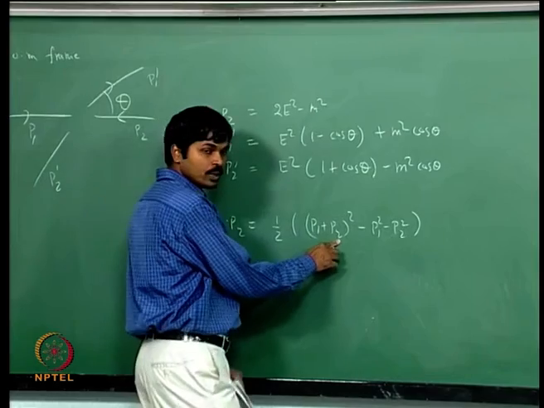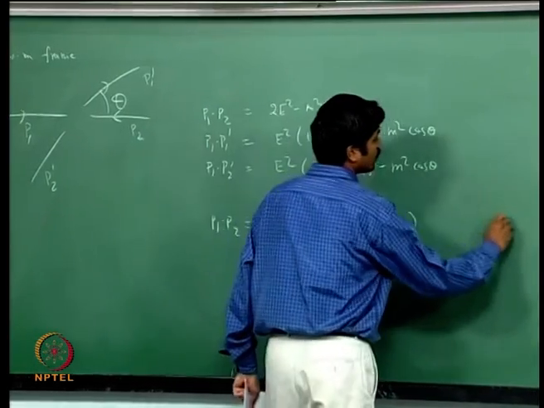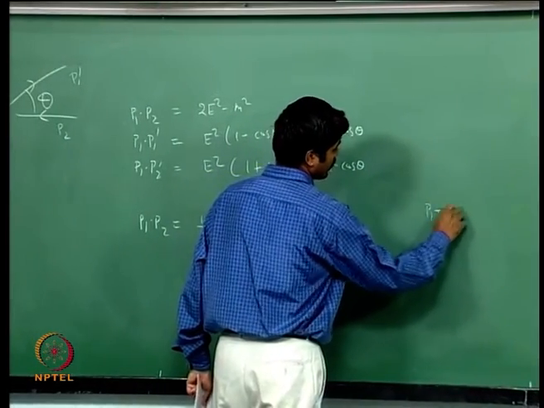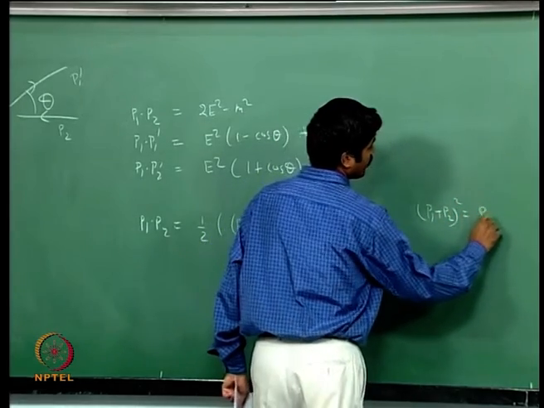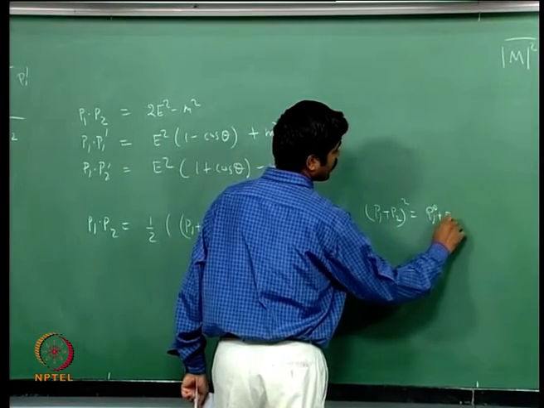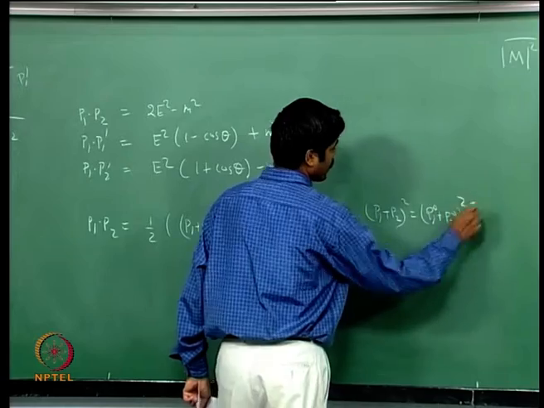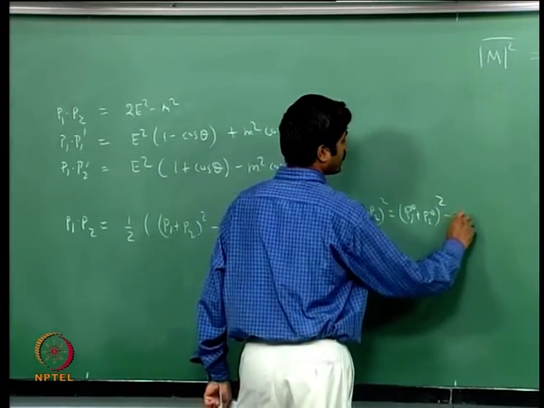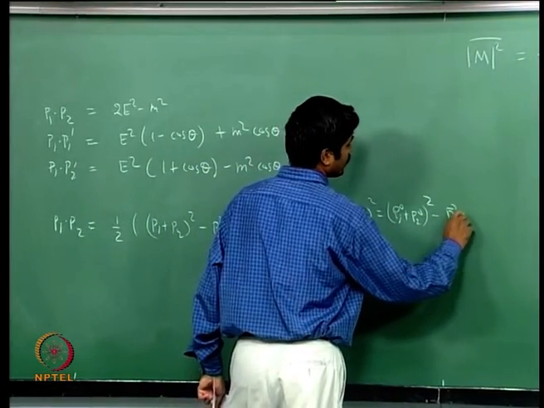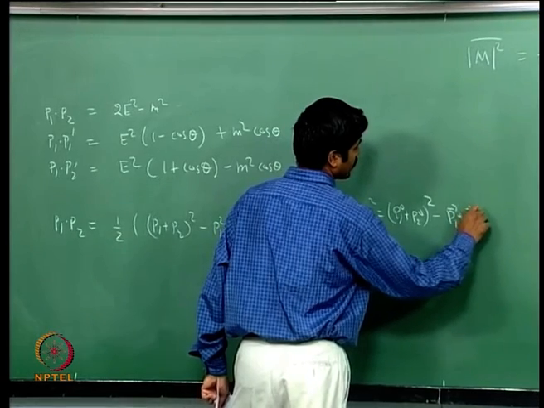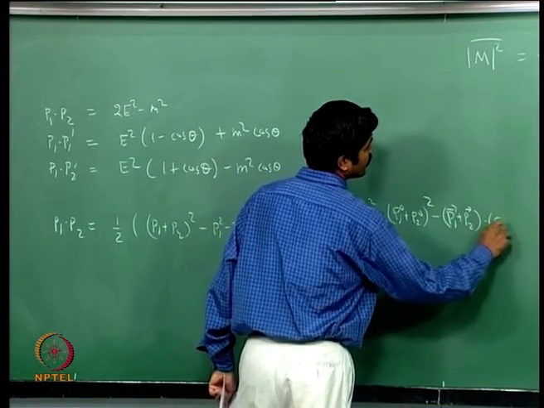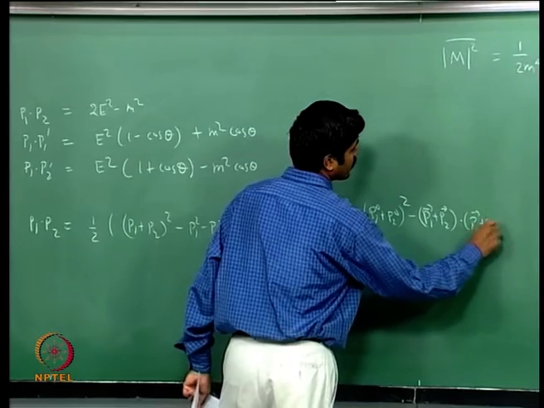But P1 plus P2 square is P1 0 plus P2 0 square minus P1 plus P2 dot P1 plus P2.